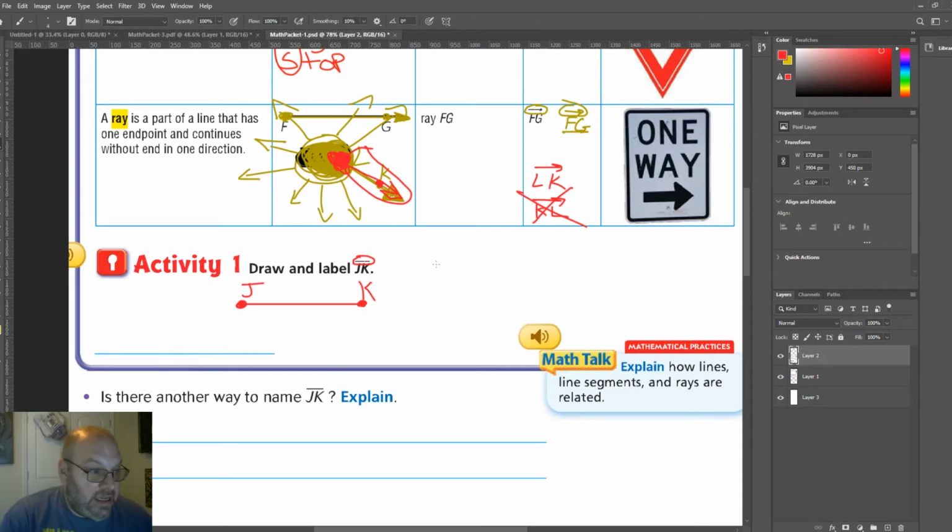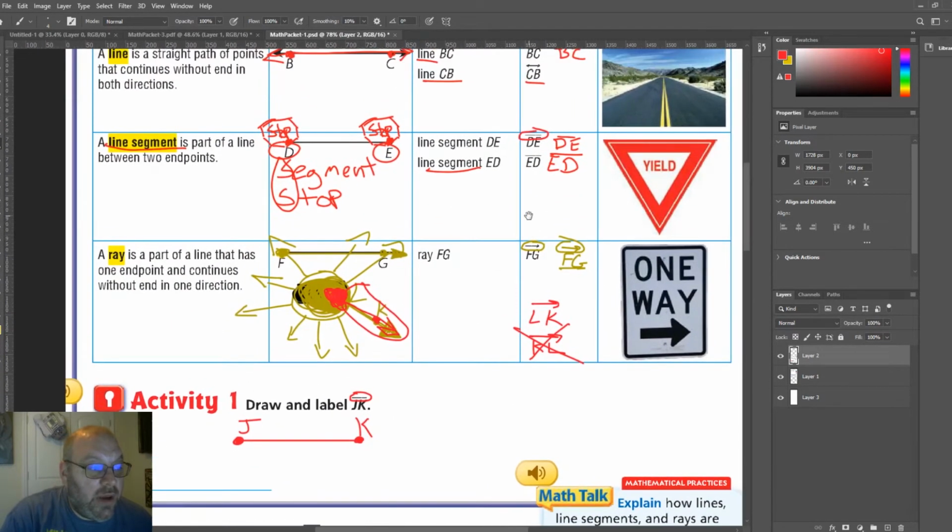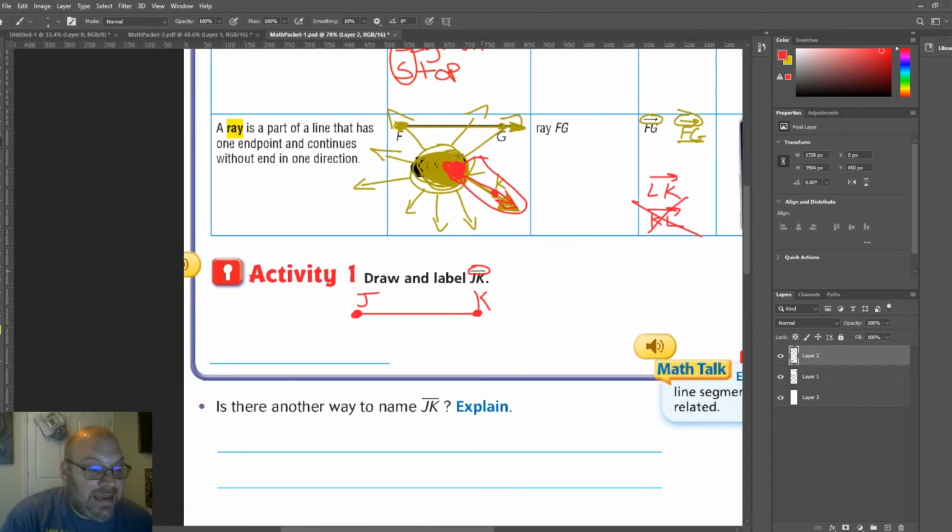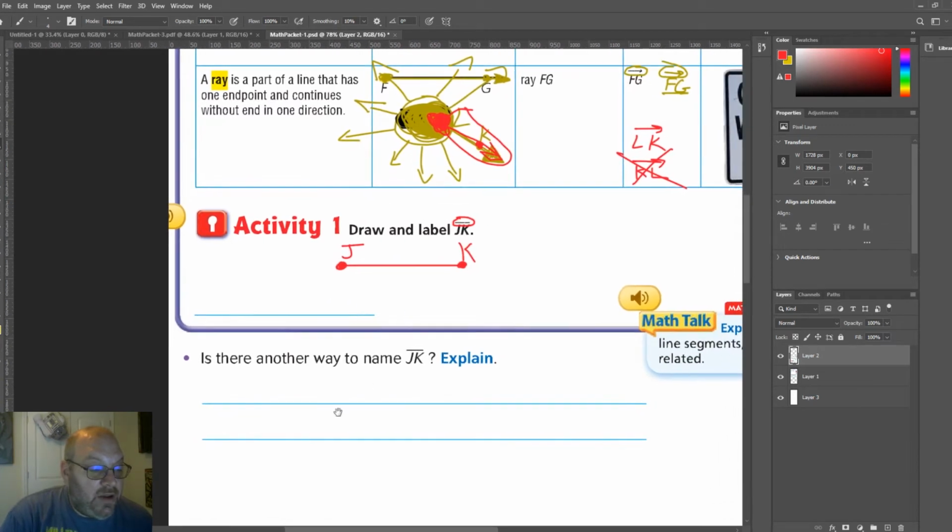Yes, there is. Because if we go up here, we know we can flip-flop the letters, right? So if we have line segment JK, we can also label it KJ.